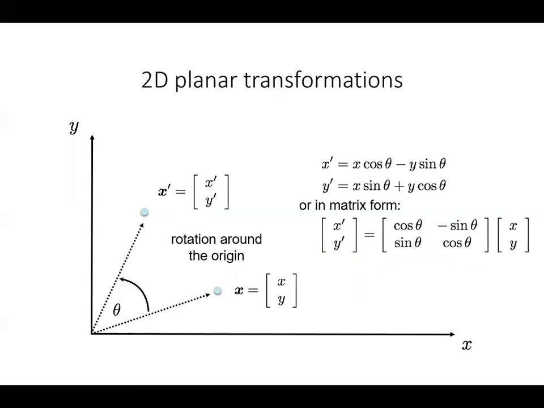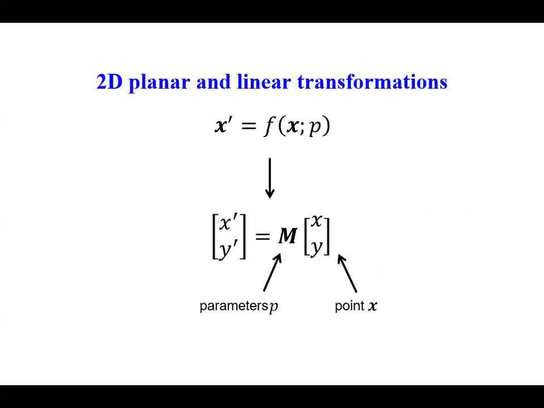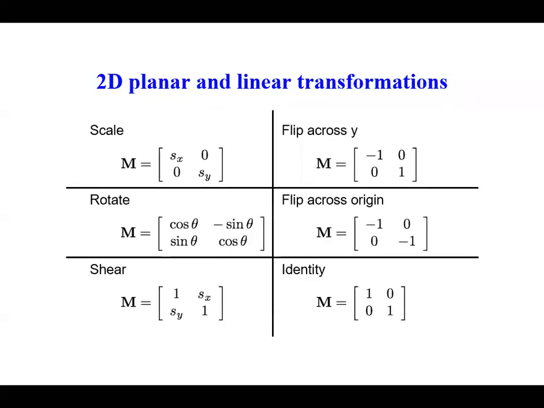So now we have seen a lot of these transformations in matrix form. At the end, x dash is transformed through a particular matrix transformation, which we'll call M, that transforms the vector x and y.